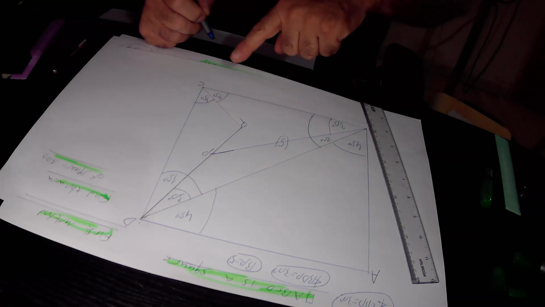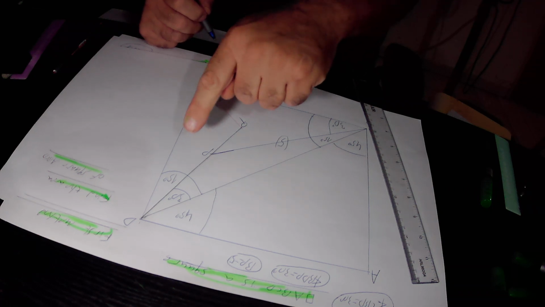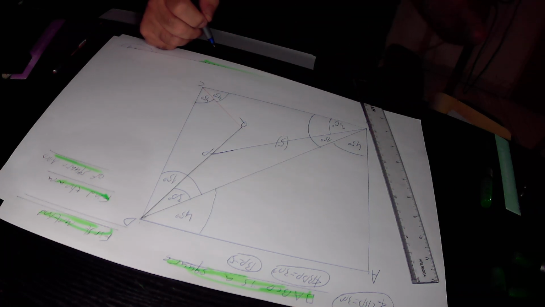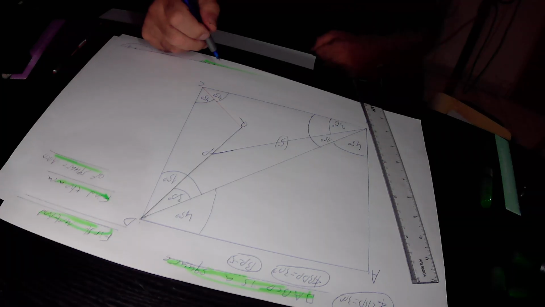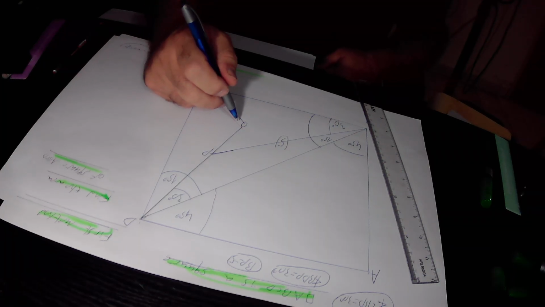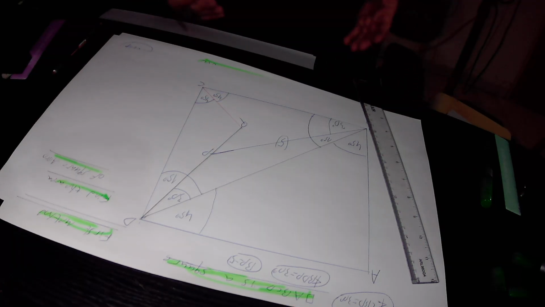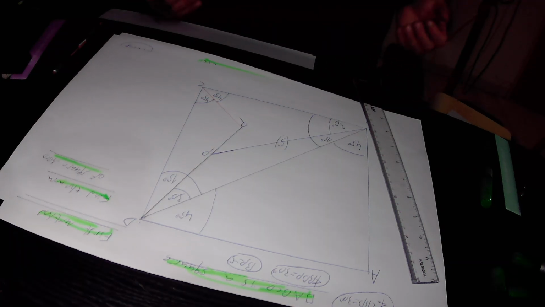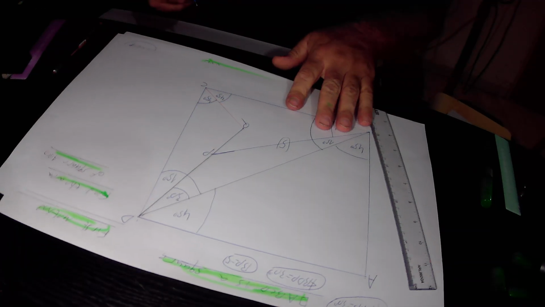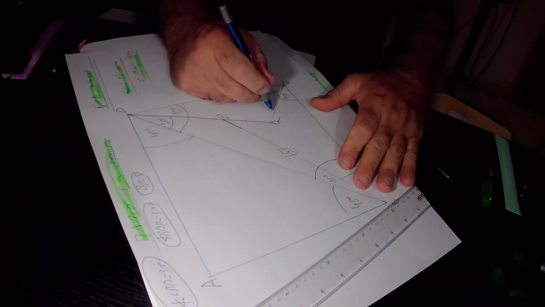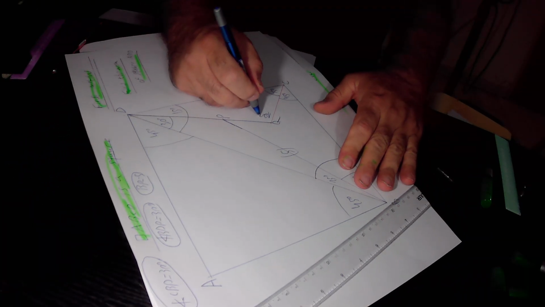In triangle DCQ, this angle equals 45 degrees and this angle equals 15 degrees. 45 plus 15 is 60 degrees, and therefore this third missing angle must be equal to 120 degrees, according to the rule that the sum of the angles in any triangle is equal to 180 degrees.